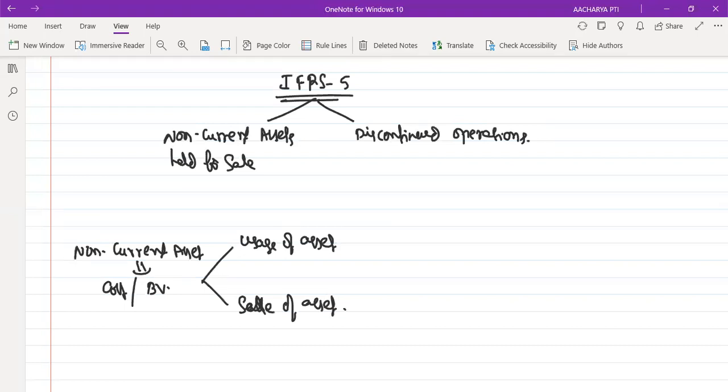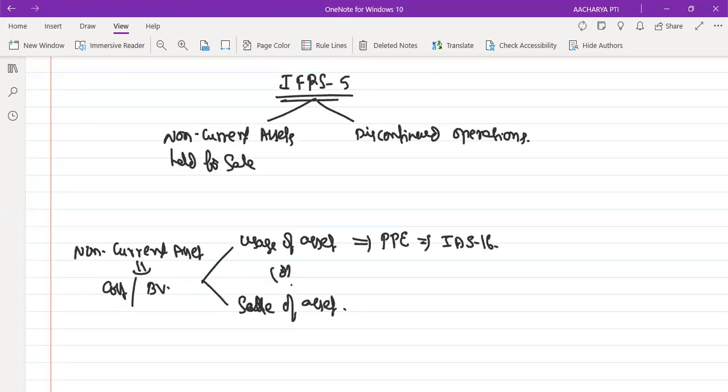We can recover the carrying amount either by using the asset in the process of production or for providing services in the ordinary course of business, or the second option is sale of the asset. If the asset is held for usage in the ordinary course of business, then it is recognized as property, plant and equipment and accounted for as per IAS 16.